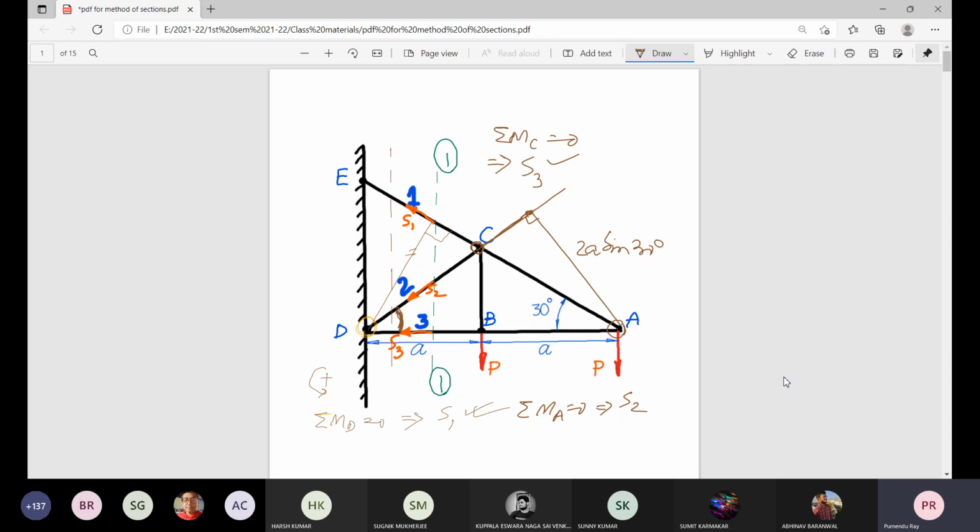And what about the perpendicular distance from C to member 3? This distance? Sir, 8 and 30. 8 and 30, exactly.